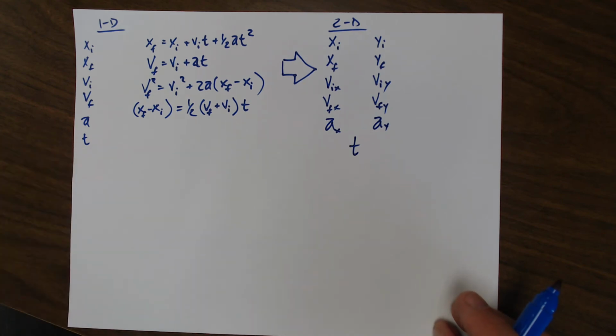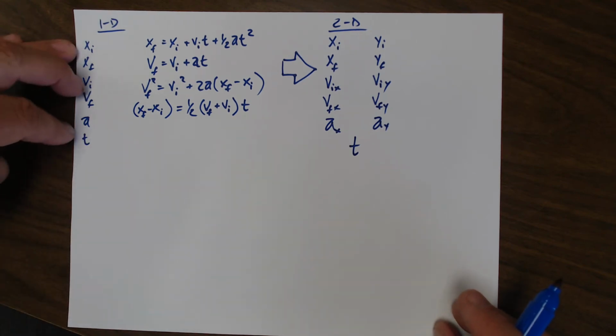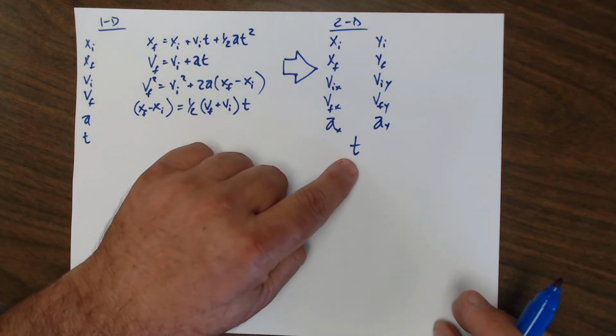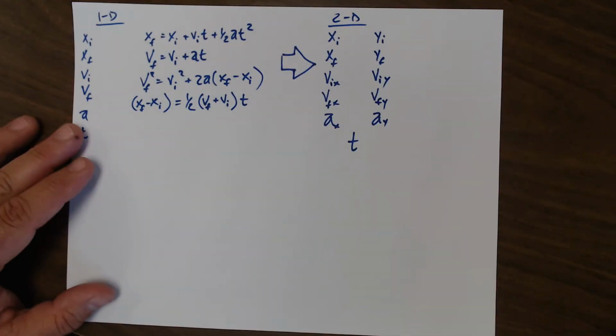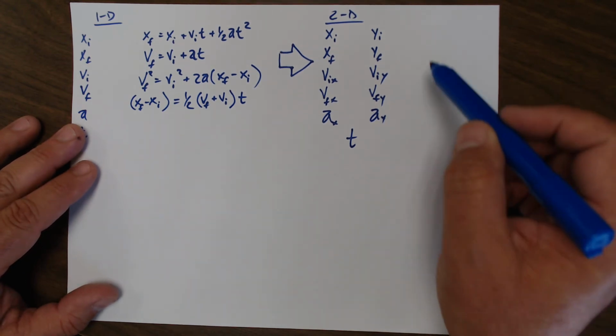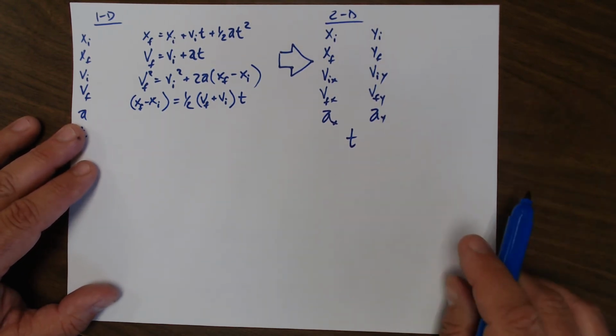So it's not 12 variables, which would be double 6. It's 11 because time does not belong to x or y. Time is a separate dimension. Although we're going to treat x horizontal and y vertical motion separately, time is shared by both of them.